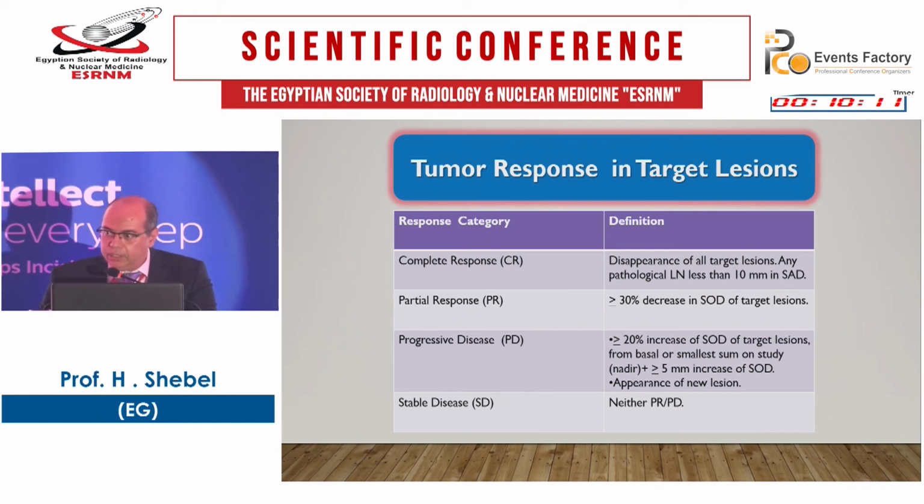Stable disease is neither partial response nor progressive disease. And in any event, even if there is significant reduction of any target lesions, if there is appearance of any new lesion, this is considered progressive disease.